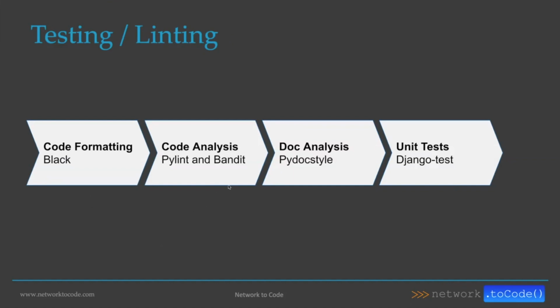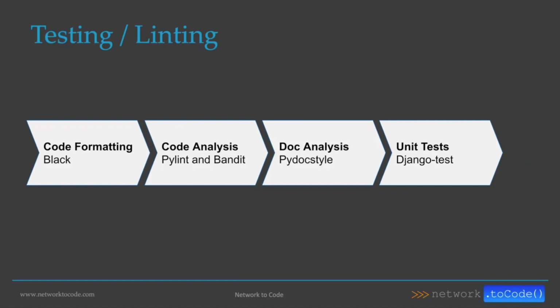Then do some code analysis using tools like PyLint and Bandit that will just make sure that the code is properly written, that you don't have weird variable names, and that there's nothing anti-Python, I would say, or however your project has defined that.